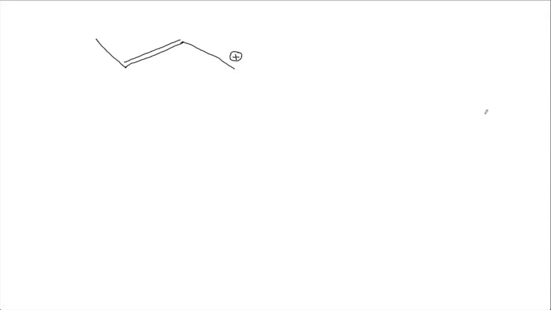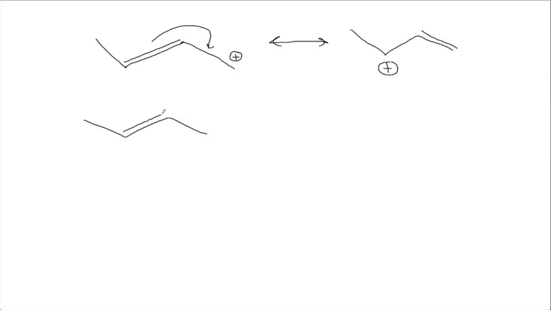I'll go back to my screen. Would this have been a legal arrow? No. What's wrong with this? You are trying to create a pi bond with a carbon that already has a complete octet. So you can see why the positive charge is important.